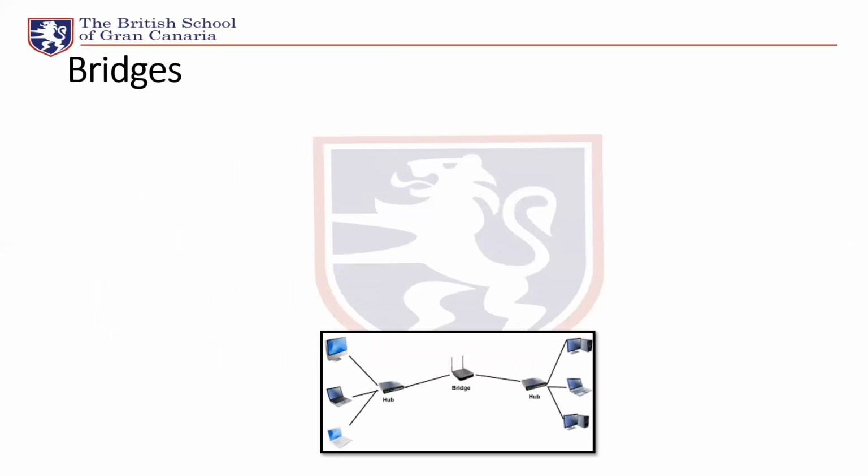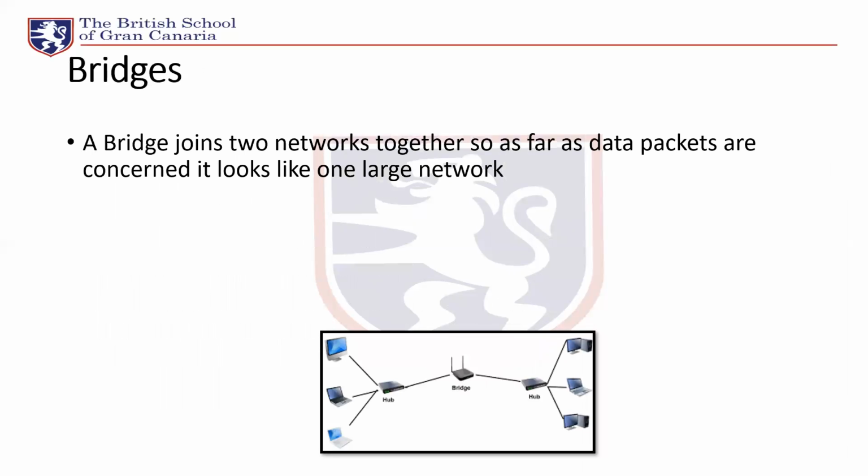The next one we've got is a bridge. The bridge will join two networks together. As far as the data packets are concerned, it just looks like one large network. You may have a large building with a lot of computers. On one side of the building, you're going to have the computers all plugged into a switch. Then on another side of the building, there are computers all plugged into a switch.